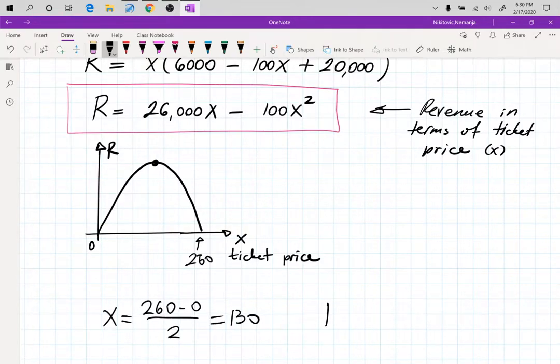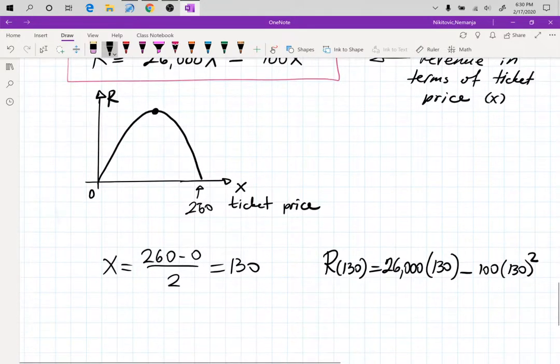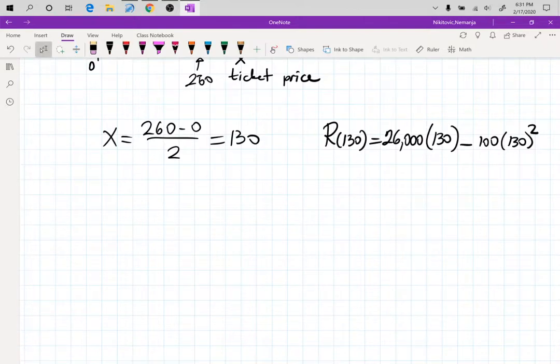And now we calculate the revenue at 130, which is 26,000 times 130 minus 100 times 130 squared. So you are going to get 1 million and whatever else we got over there.